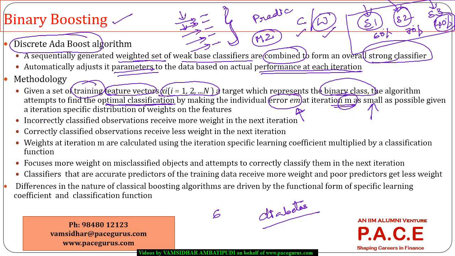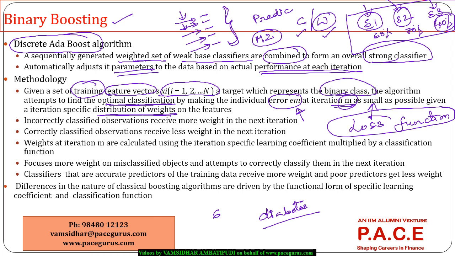So it will try to adjust the weights, it will try to distribute the weights across all the observations in an iterative fashion in such a way that the individual error, which is the loss function, at each of the iterations is as small as possible. That's the way in which it tries to distribute the weights on the features.